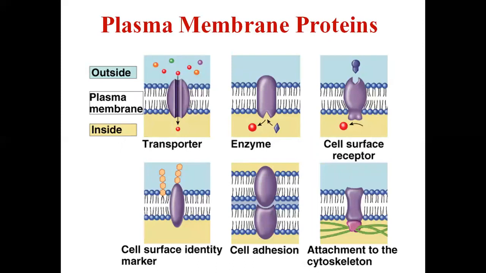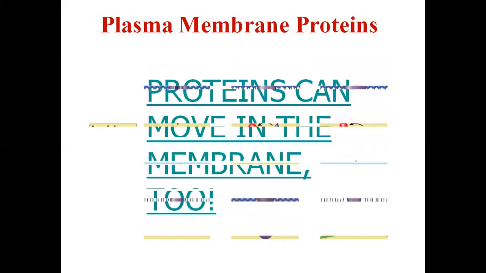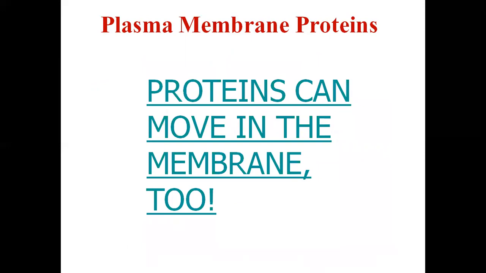The plasma membrane proteins are used as transporters, act as enzymes, cell surface receptors, cell surface identity markers, for cell adhesion, and for attachment to the cytoskeleton. So membrane proteins play an important role in transport, enzymes, cell surface identity, cell adhesion, and attachment to cells.